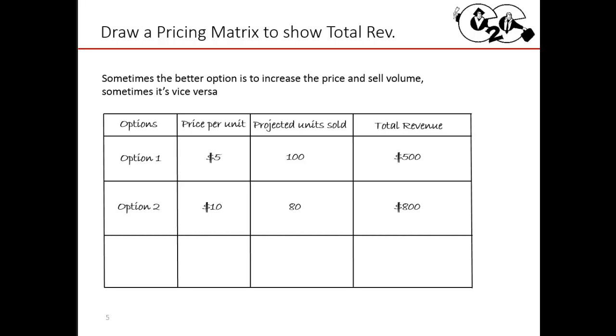And the last option is option 3. Say we sell it for $20, so we increase the price of this unit by a lot. Now let's say I'm only selling 60 units, but my total revenue is $1,200. So looking at all this, elasticity shows me that selling the product at a higher price but fewer units results in more total revenue.